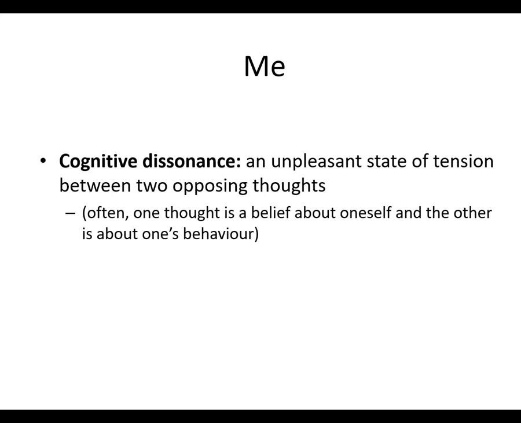And the way this was explained by Festinger and Carlsmith was that an individual is going to have two thoughts in this situation. The first is the thought that we all have about ourselves most of the time, which is that we are honest and good people. Most of us don't identify as pathological liars. The second thought that's creating some dissonance is the fact that they said the task was fun for a certain amount of money. In other words, they're good, honest people, but they lied.